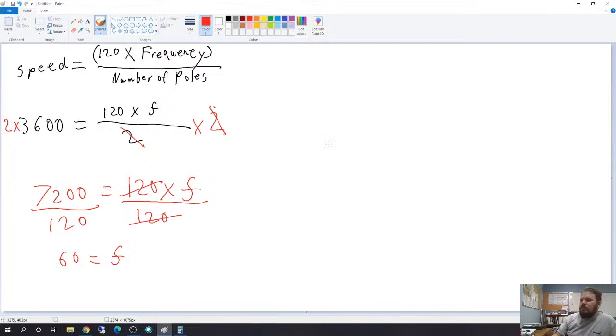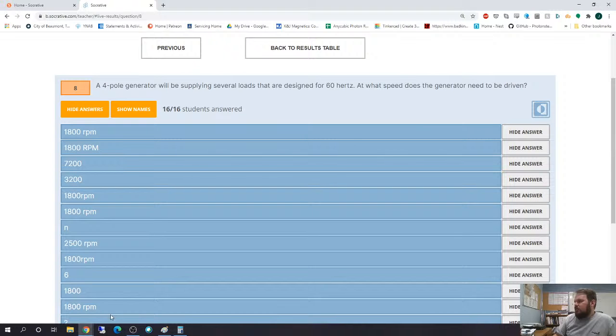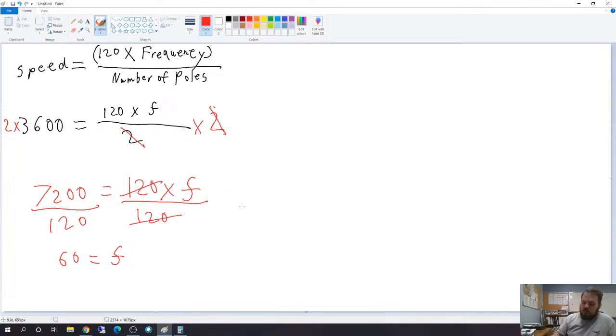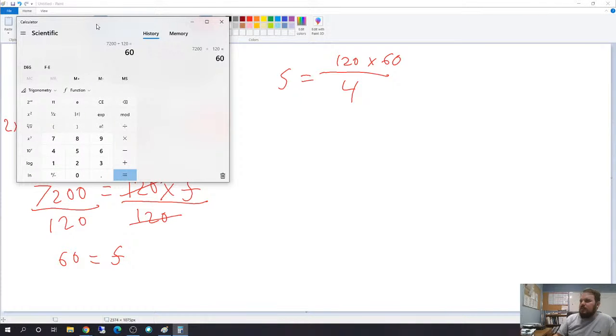Okay, so we have 60 hertz and 4 poles. So we have S is equal to 120 times 60 divided by 4. I wrote 6, meant to write 60. All we need here is a calculator.